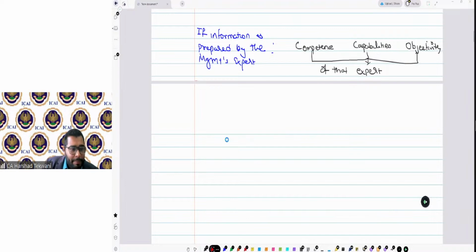The second step, the standard says, and it is logical too: okay, I understood everything is fine, but the question that you are asking, from where the source data is coming, from where the rates are coming, the accuracy, everything.